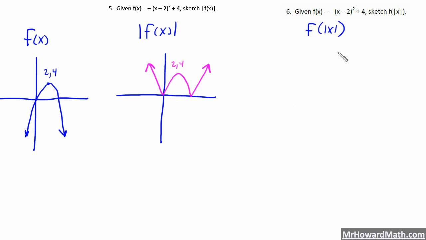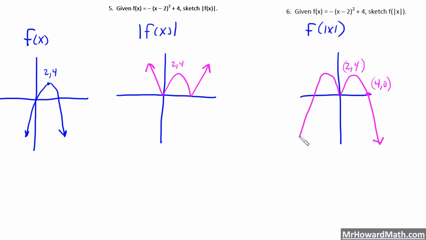So when we graph this, the right side looks exactly the same as it did before. So it's there like this, and this point was (2, 4), and this point was (4, 0). So when we reflect this thing, it's going to look like that. And this point would be (-4, 0). This point would be (-2, 4). Just like that. So that's how that one would look.